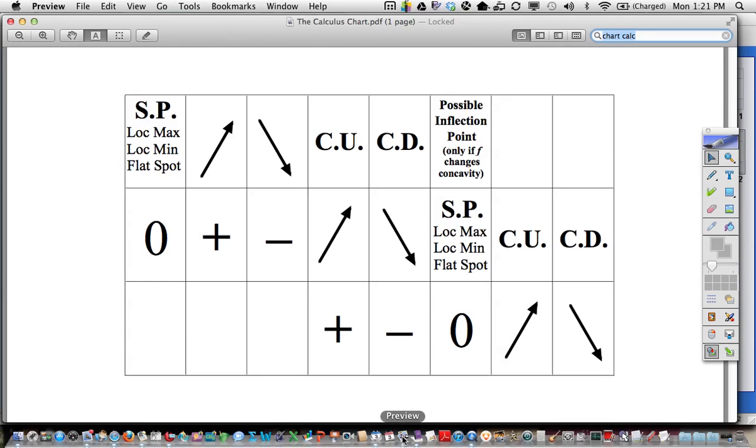See, now we're used to doing this from a graphical perspective. But now in chapter 2, we're going to be working with equations. So if we want to know where f is doing this stuff, we've got to figure out where f prime is doing this stuff. So the first thing we need is to get f prime. So I can go back to here.